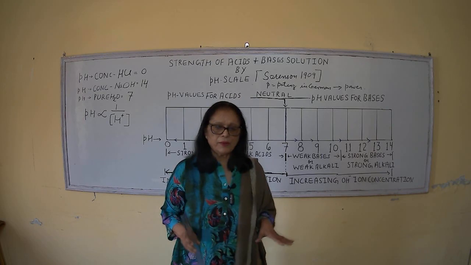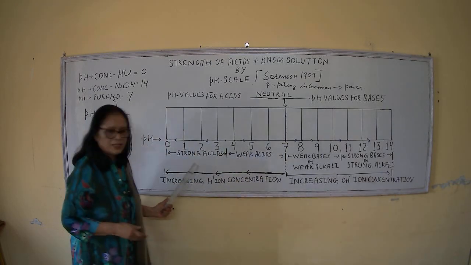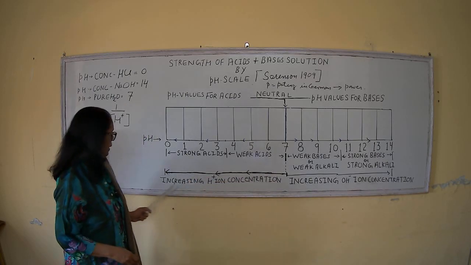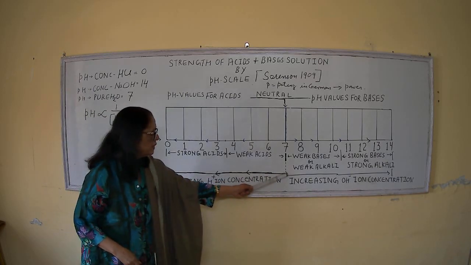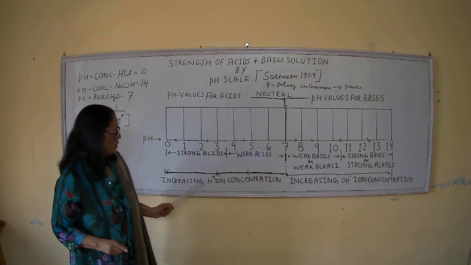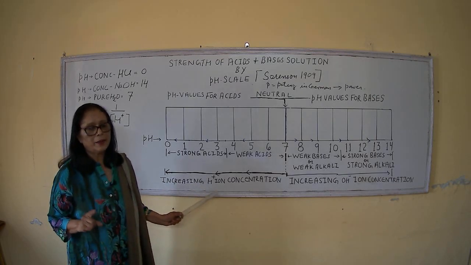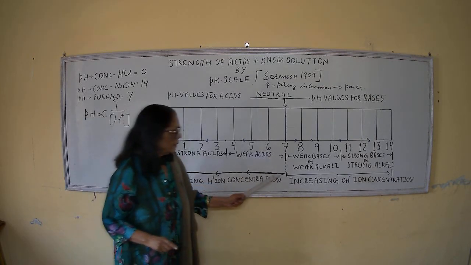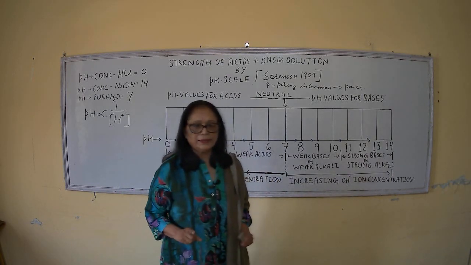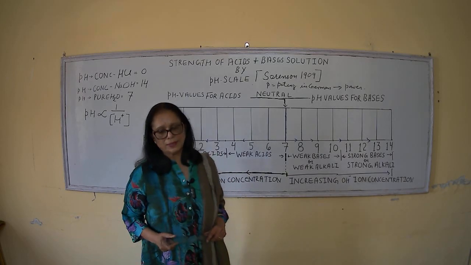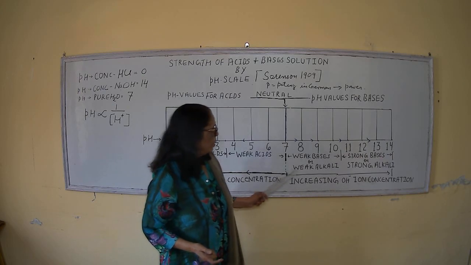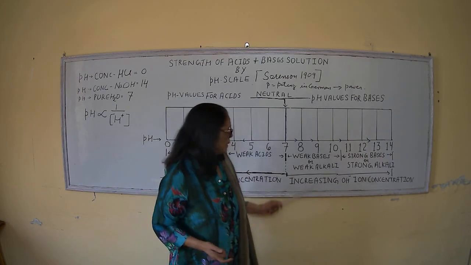So this is about pH value. I have drawn this diagram here. If you start from here, it shows increasing hydrogen ion concentration: if you come down from 7 to 0, the concentration of hydrogen ion increases and the solution becomes more and more acidic. Here from 7, if you increase the OH ion concentration, that means hydroxide ion concentration, then the solution will become more and more basic.